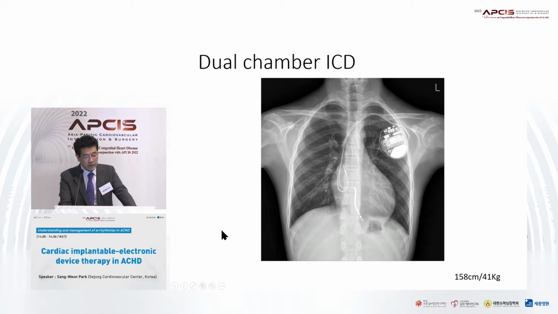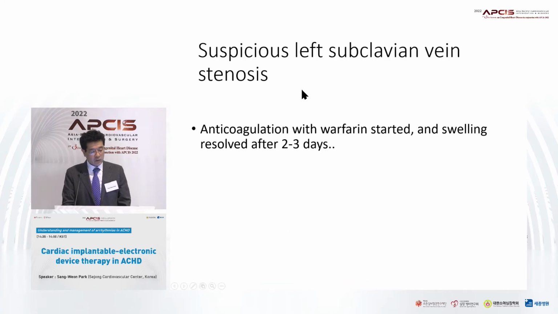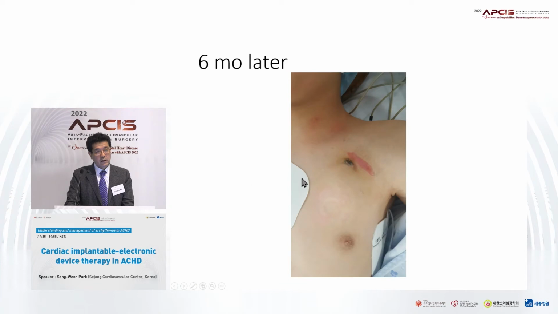But 1 month later, she had left arm swelling, and so we suspected left subclavian stenosis, and anticoagulation with warfarin was started, and the swelling resolved after 2 to 3 days. So it's okay. But 6 months later, she had pocket infection and pocket erosion.